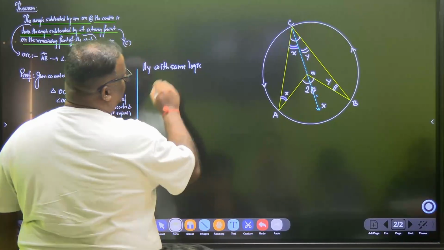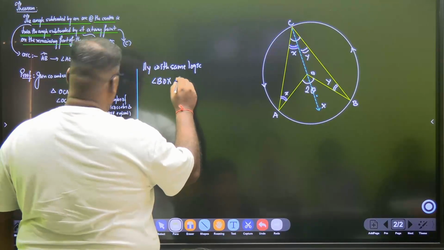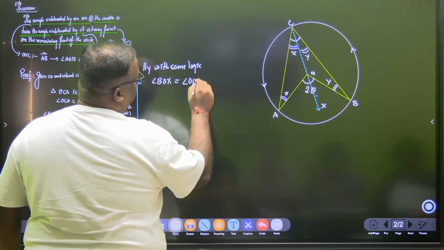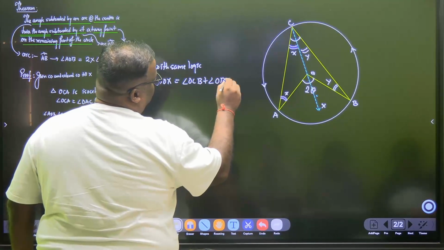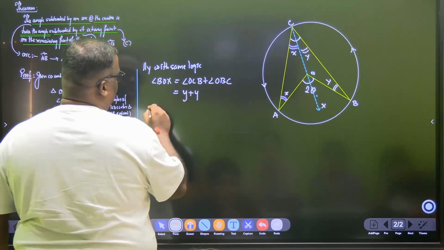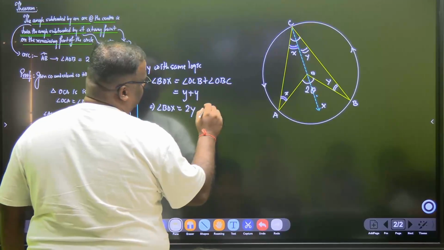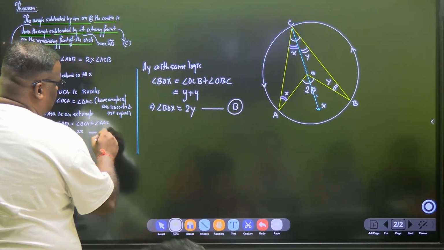With the same logic, angle BOX should be equal to angle OCB plus angle OBC, so y plus y. So I can write angle BOX is equal to 2y. All right. This is my statement B and this is my statement A.